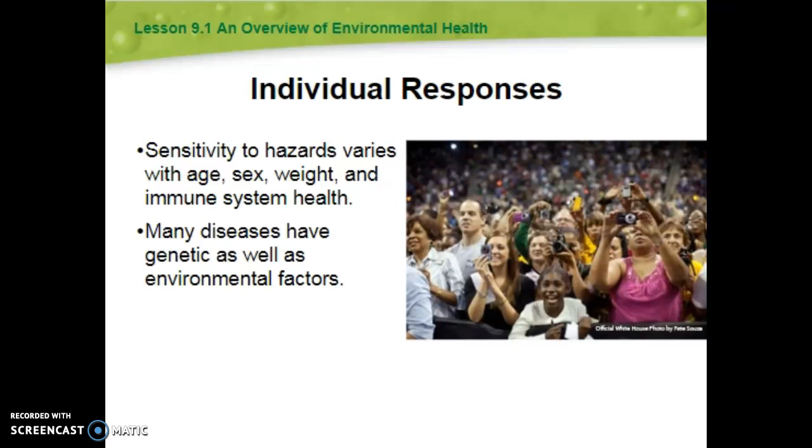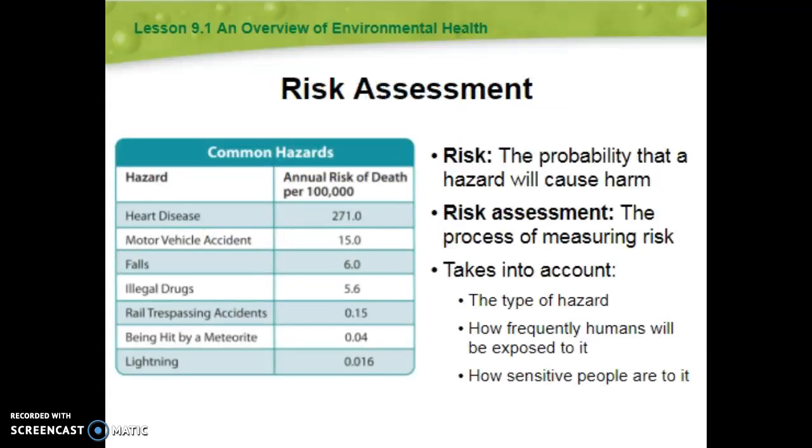Someday when you grow up, you'll see that alcohol affects you differently when you're healthy than it does when you're sick. Many diseases have genetic as well as environmental factors. Things like diabetes, you can inherit it genetically, or you can develop it by eating poorly. Hazards will affect you differently based upon your genetics.